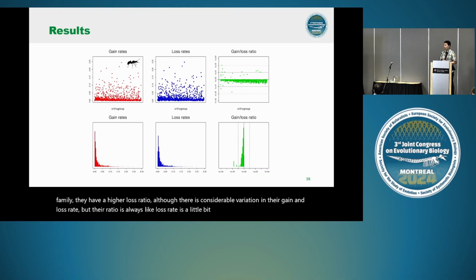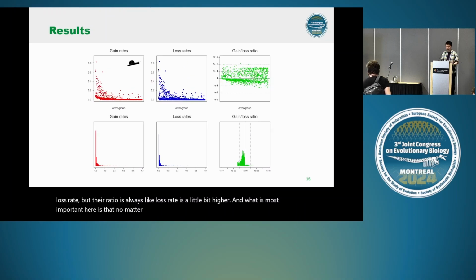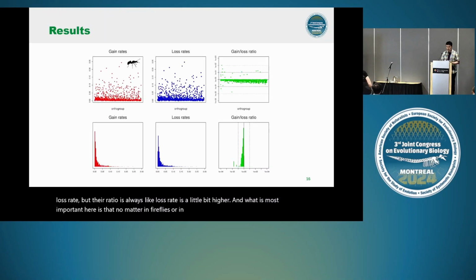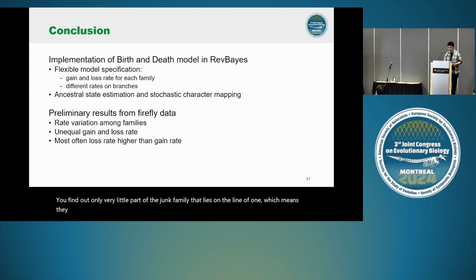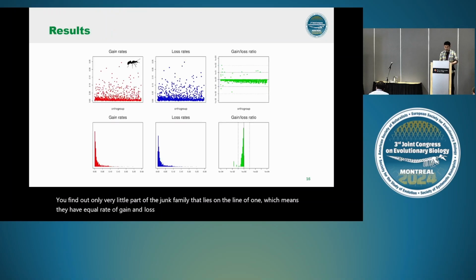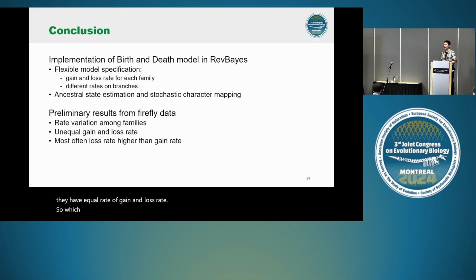What is most important here is that no matter in fireflies, snails or ants, only a very small part of the gene families lie on the line of 1, which means they have equal rates of gain and loss. So the assumption in CAFE is interesting to think about, if you really want to assume an equal gain and loss rate.